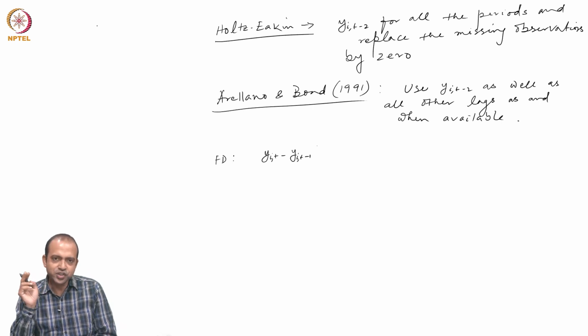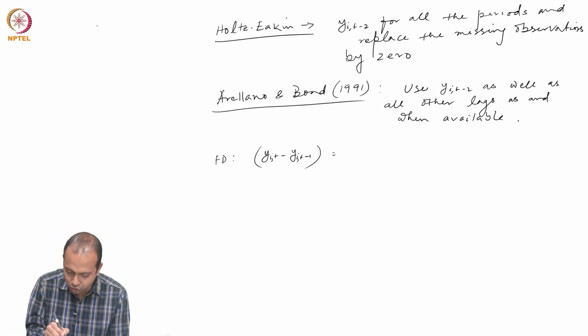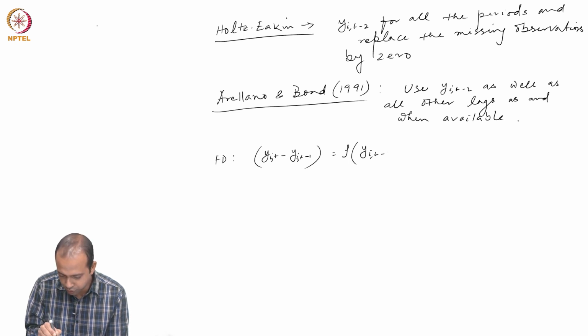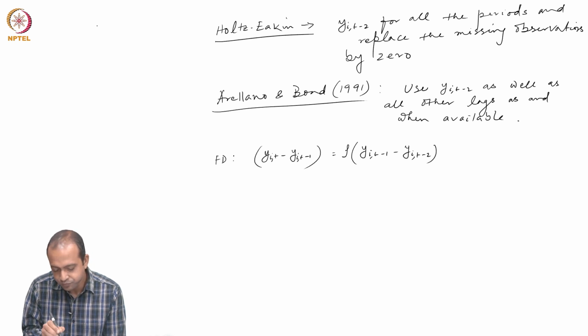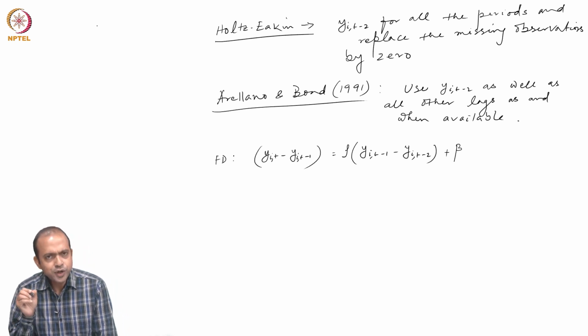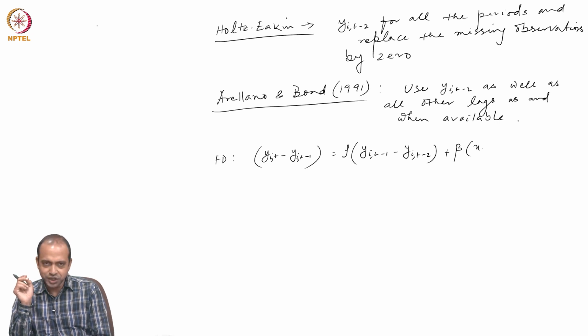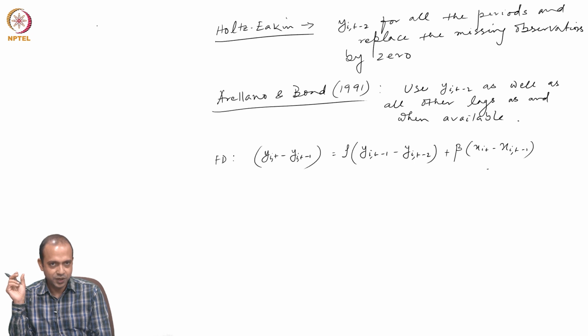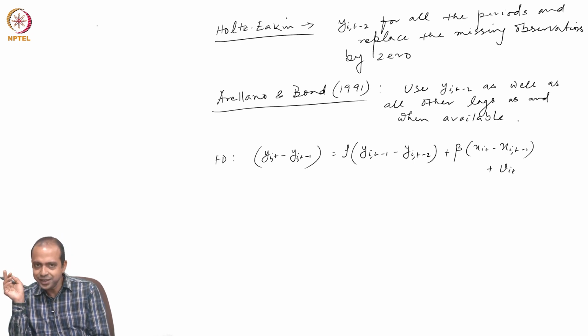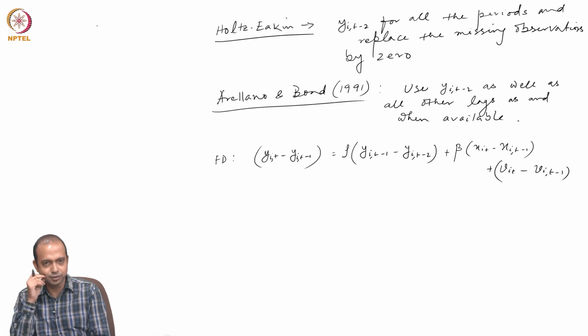But this first difference transformation has a major drawback, a major problem. What is the problem? The problem is, if we have any observation missing, then it will magnify the gap. Suppose any yit is missing, then for that, delta yit-1 as well as delta yit+1, nothing is available.